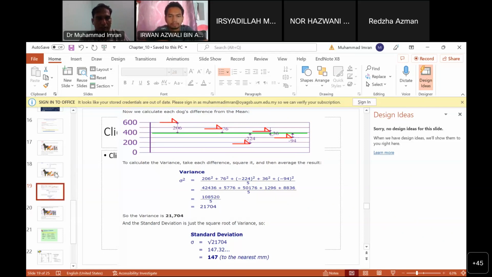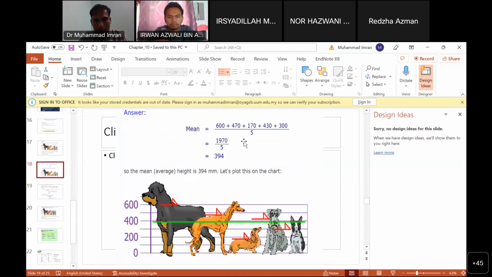Then the other dog, 470 minus 394, 76. The second difference is 76. And here 170 minus 394, 224. And this one, 300 minus 394, 94, right?